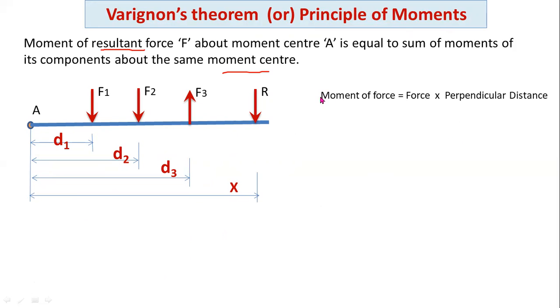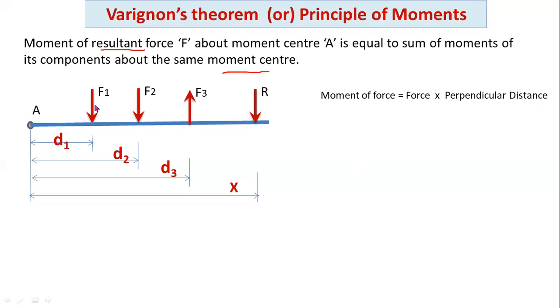Already we know the formula for moment of force: moment of force equals force into perpendicular distance between the force and the moment center. So the moment of force about point A equals force into the distance between the force and point A. This is the formula for moment of force.